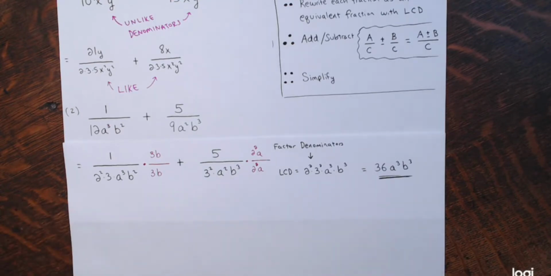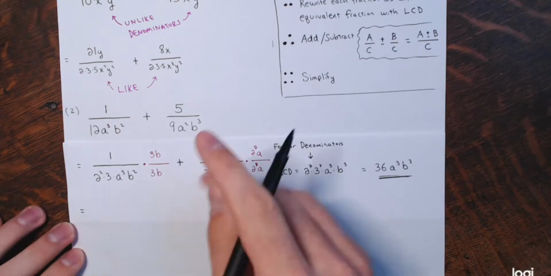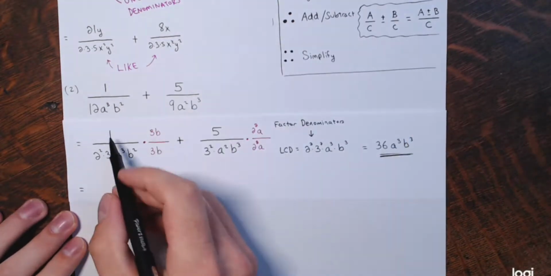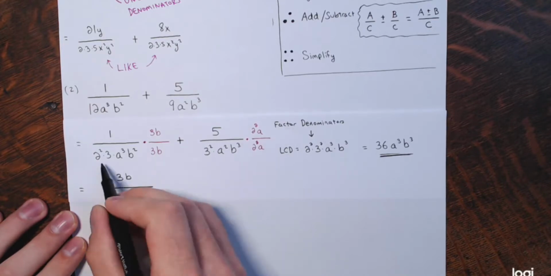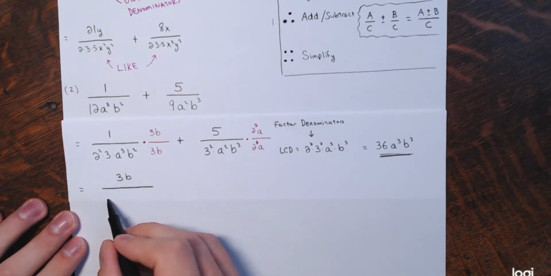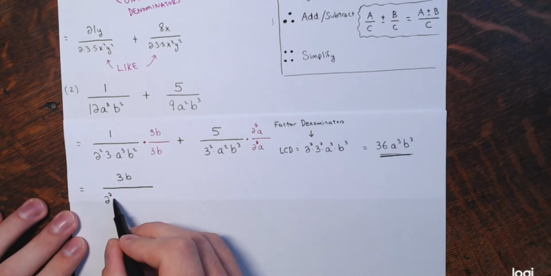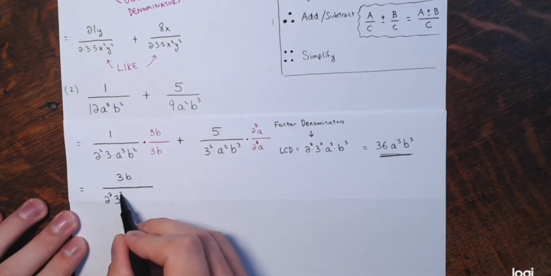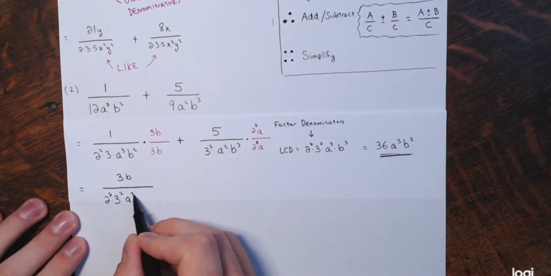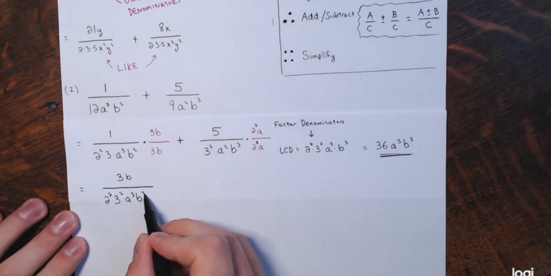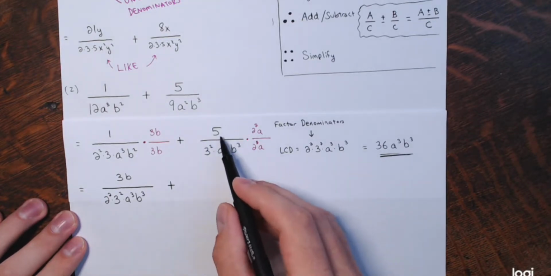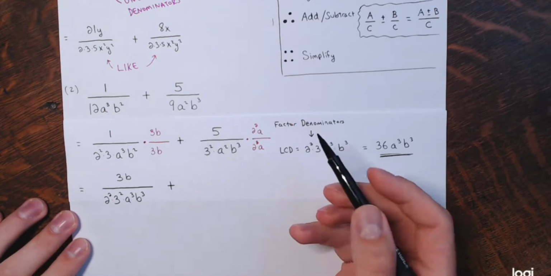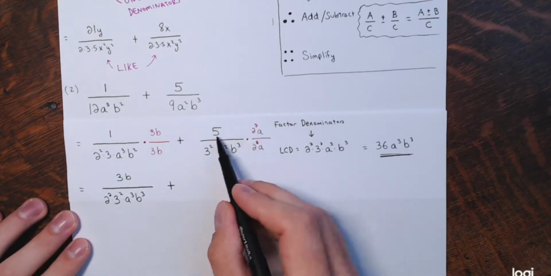Alright, so now I have what I want. I'm rewriting both fractions. This is 3b in the numerator over the LCD, which I'm going to, again, write in factored form: 2 squared times 3 squared times a cubed times b cubed. Plus, then the second fraction, multiplying the top by, now 5 times 2 squared, that's 20.